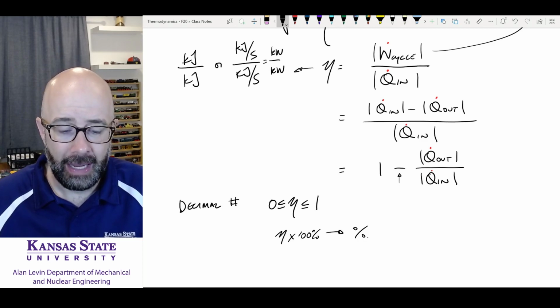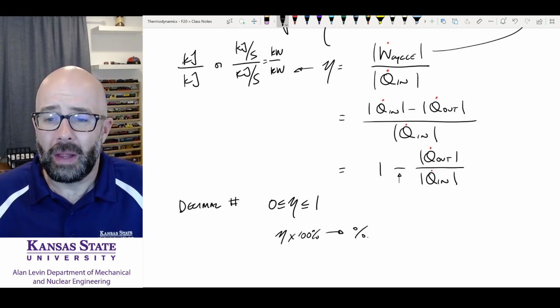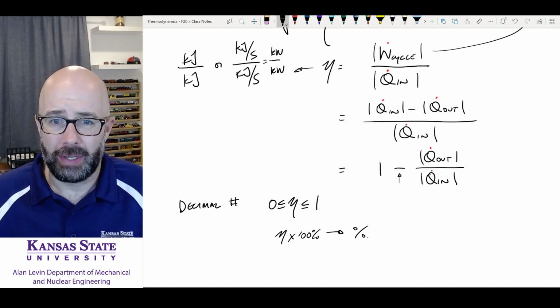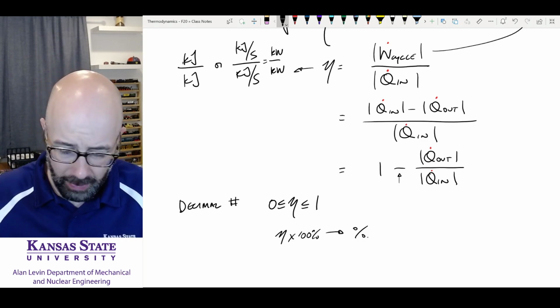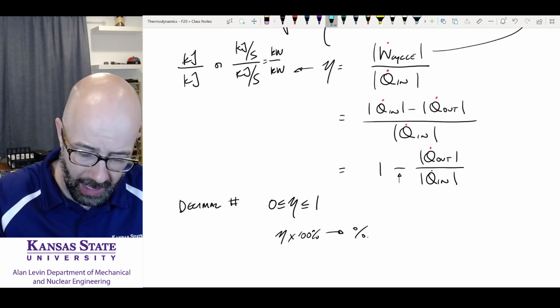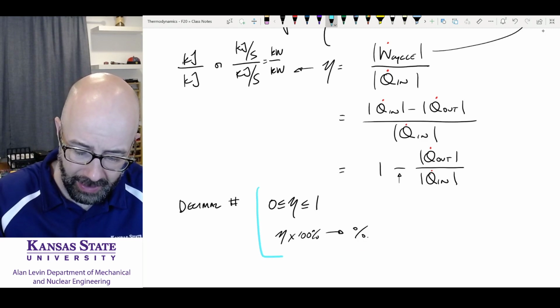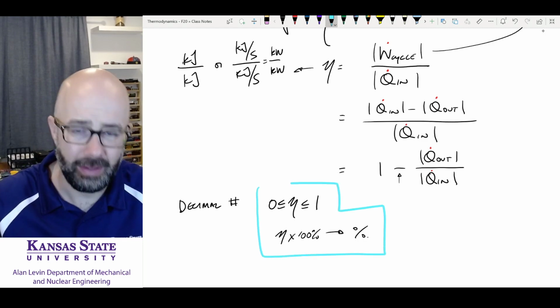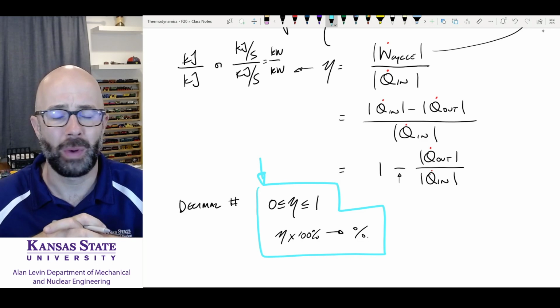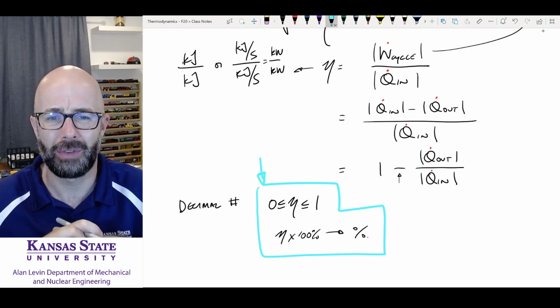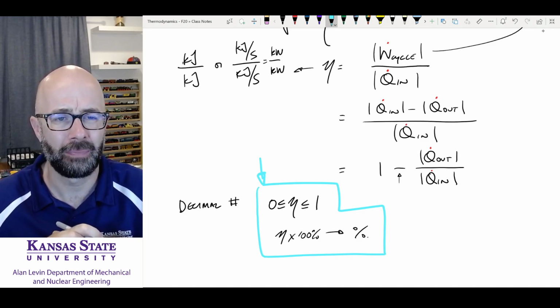Now, a couple of things you need to know about a power cycle. This one is most important: if you have a power cycle, you cannot have efficiency over 1. Students all the time will give me efficiency over 1, and I'm like, what? Where did that come from?